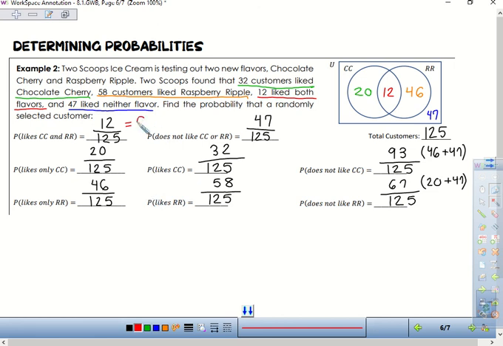And that will convert it to a percent. So 9.6% of people liked both. I'm actually going to write these in the box. So 9.6% is this portion. And then 20 divided by 125, that's going to be 16%.